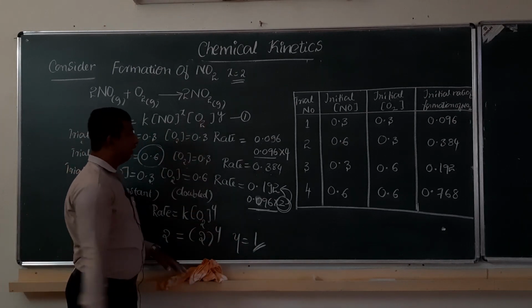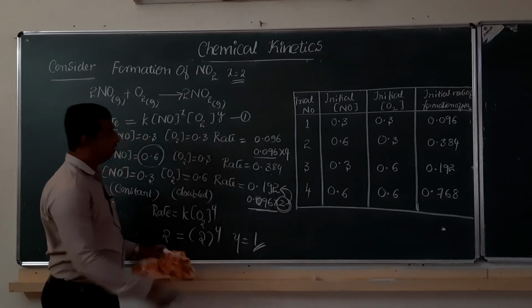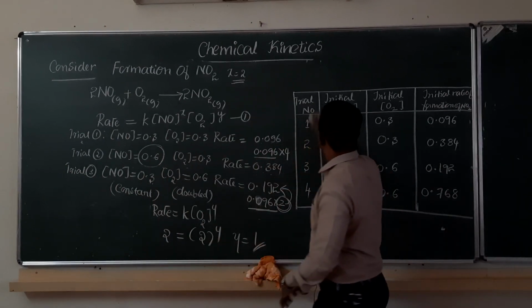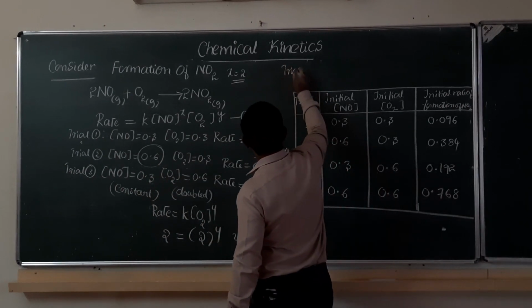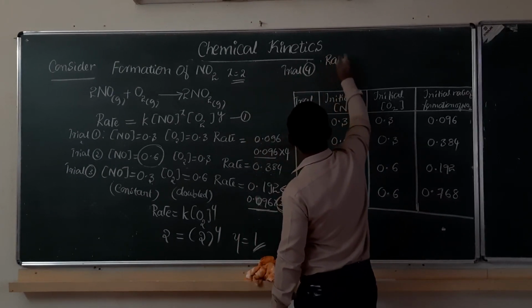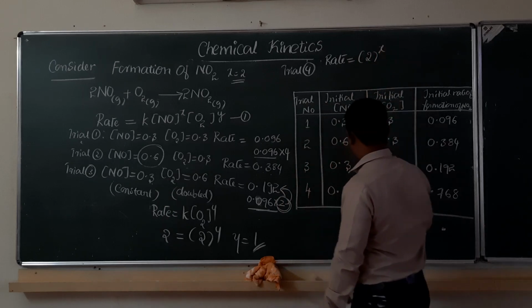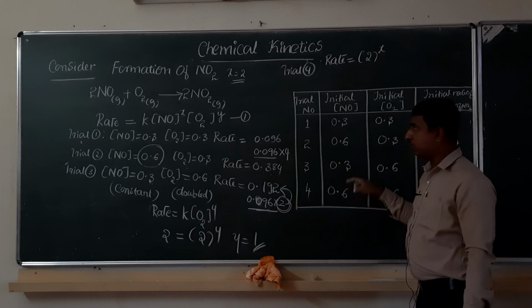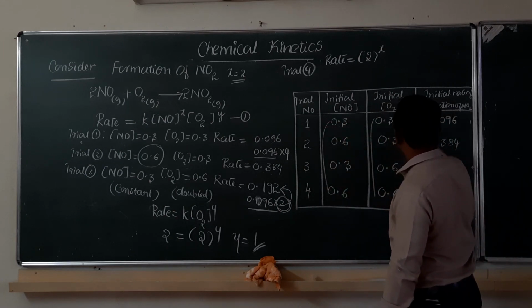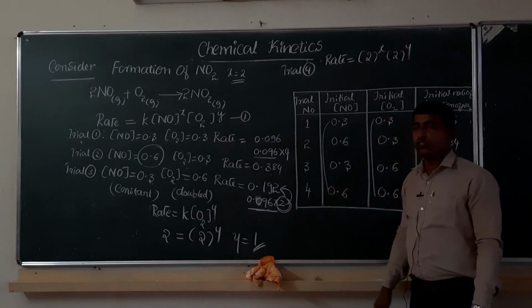So the values of the exponents are obtained from the experimental data. What about the last trial? You can see the last trial, the fourth trial. See, the concentration of NO is double. Compare this value with the first one. Concentration of O2 is also double.